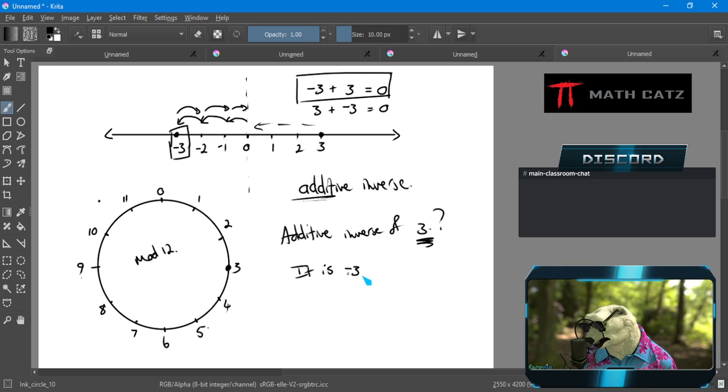I need to just convert this to the appropriate number, which is going to be 9. That's one way of doing it. 9 because I just add 12, right? Any full loop. So actually -3 sits right there behind the 9. 9 is just a representative.